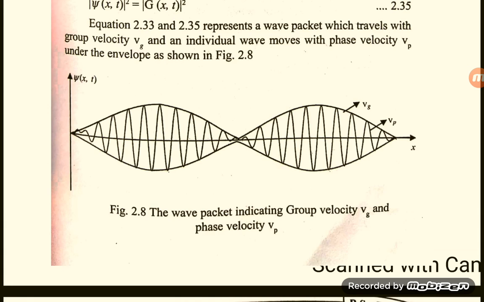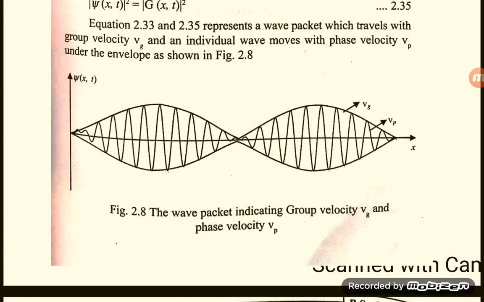In this figure, assume that a number of waves are associated with it, and the combination of those waves will give the interference pattern. Within the interference pattern, at some places the amplitude is maximum and at some places the amplitude is minimum. Where the maximum amplitude is there, we can find the probability is maximum to find the particle.